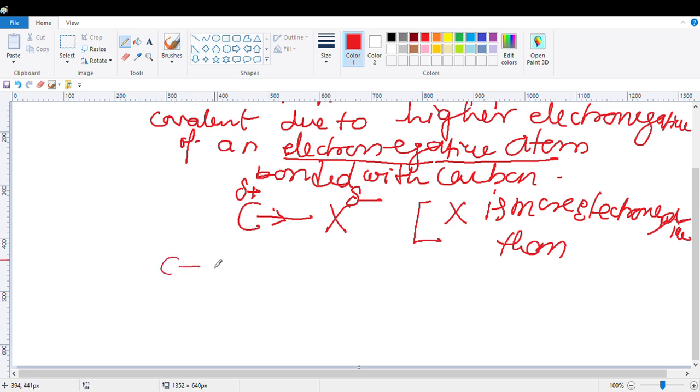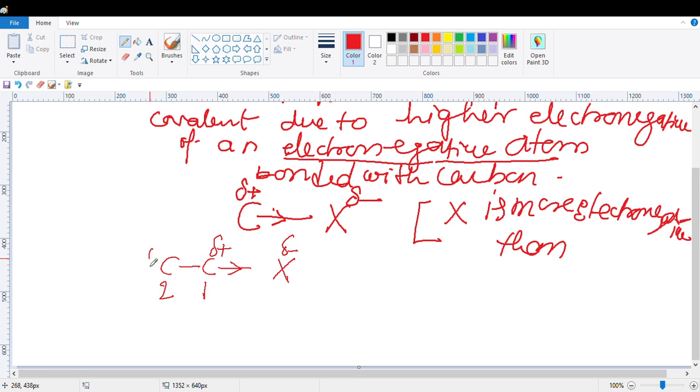If there are two carbon atoms bonded with X, the first carbon is directly bonded, the second carbon is indirectly bonded. The influence of X will be on both. So X will have negative and C1 will have one positive, and there will be a single headed arrow towards X, while X has the influence on both C1 as well as on C2.